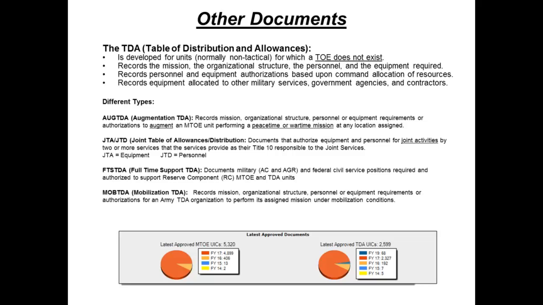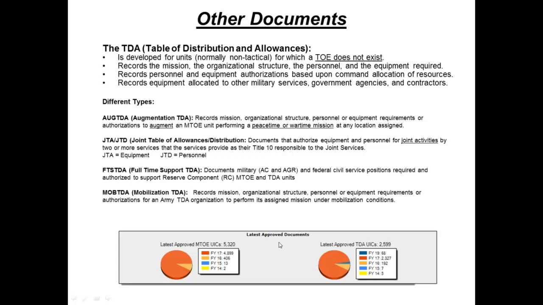The services provide equipment to the joint force. You can see down at the bottom how many of each there are. Look at the number of MTOs, 5,320, and the last time they were updated, and TDAs, almost 2,600 of those, and when they were updated. So the MTO and the TDA are the two biggest authorization documents used for the Army.